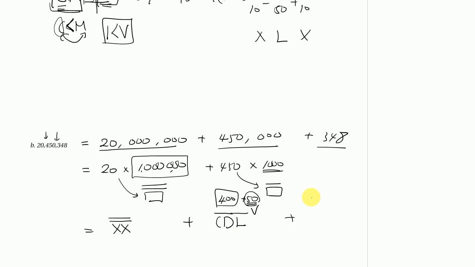The next one is 348. So 300 means 3 C's, right? No other way. And 40 means subtracting. So, okay. Let me write down this one. It's the same as 300 plus 40 plus 8, right? So 300 is CCC, and 40 is subtracting 10 from 50, and 8 is 5 plus 3, right?